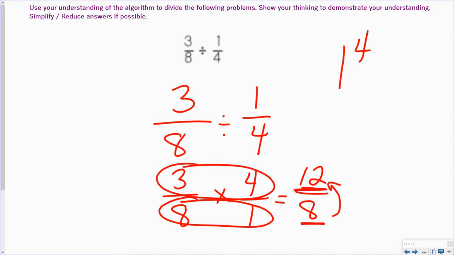So that gives me 4 left over out of the 8 that I had. Well, I also know that 4 and 8 are divisible by 4. So I take this divided by 4, this divided by 4. And so I end up with 1 and 1/2 for my final answer.